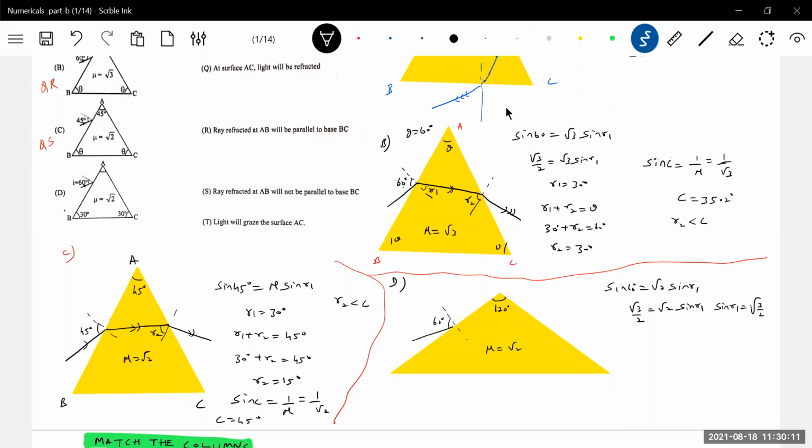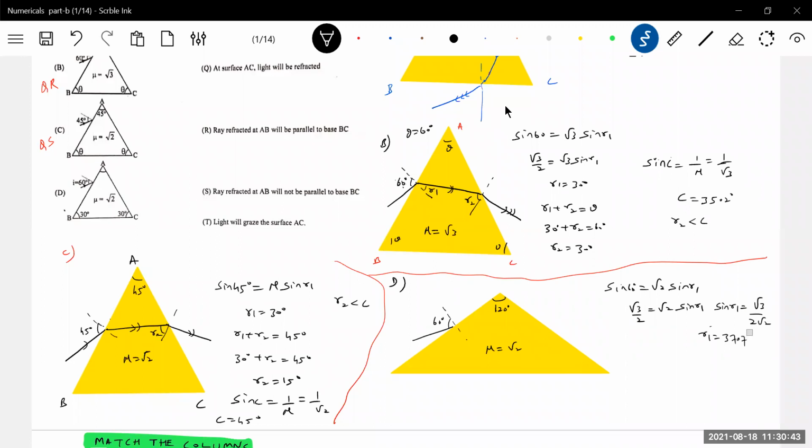Let's take the calculator, we'll verify. Root of 1.5, root of 1.2. Sir, sine R1 is √3 by 2√2, no? 37 degrees. Yeah.